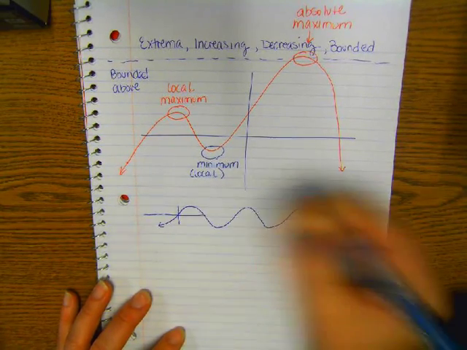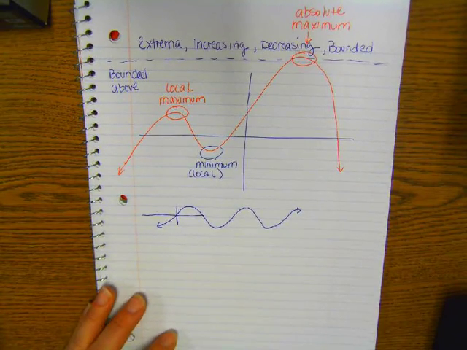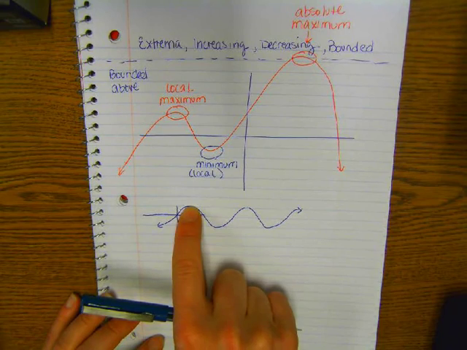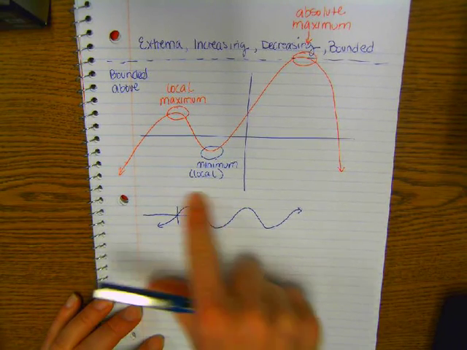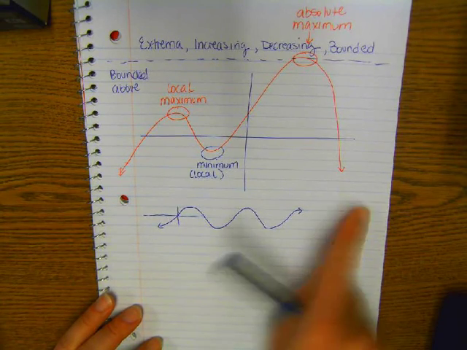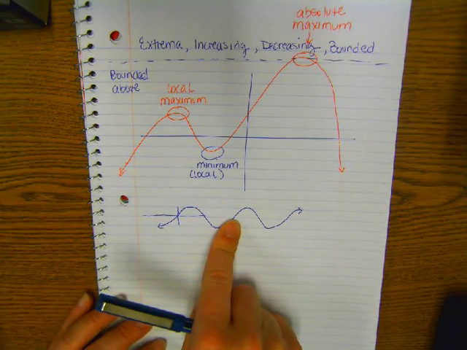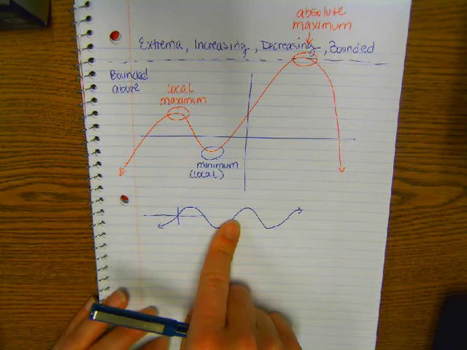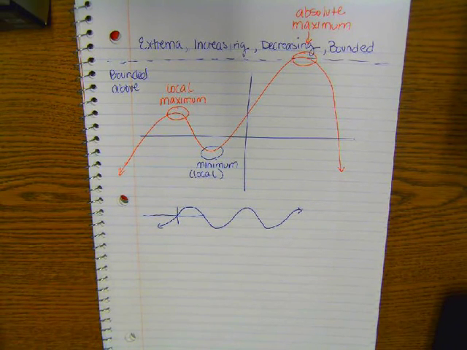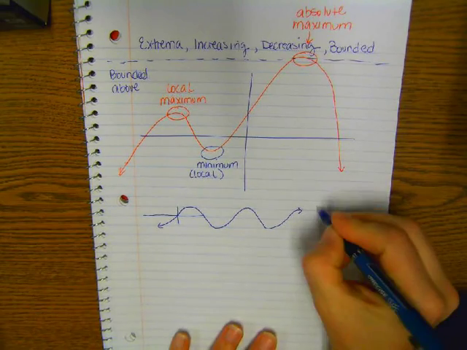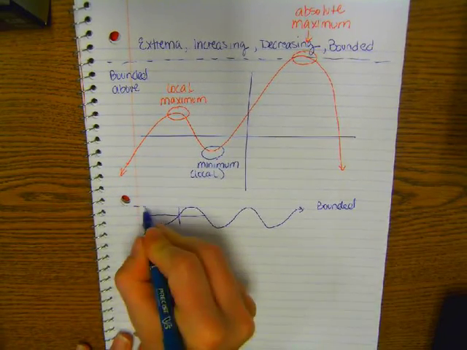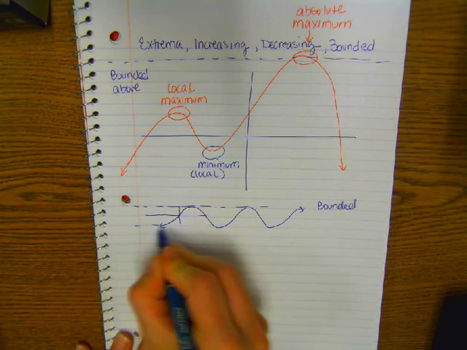Sine curve. There's some functions that, this is 1 and that's -1, and doesn't that behavior keep going with the sine function? So this one is bounded above and below, isn't it? And so instead of saying bounded above and below, we just say it's bounded. If I say it's bounded, that means there's boundaries above and below. Okay, because it stays kind of within there.